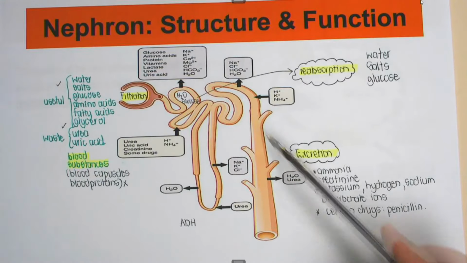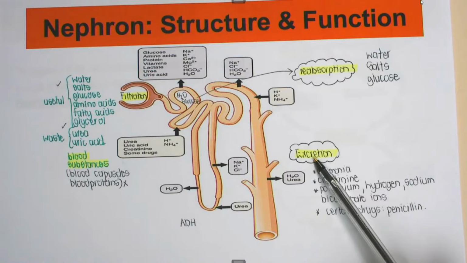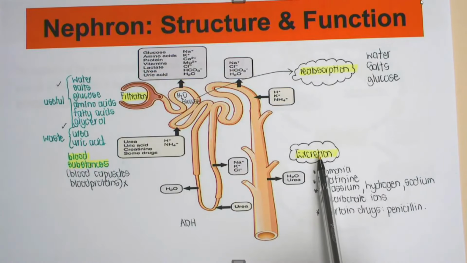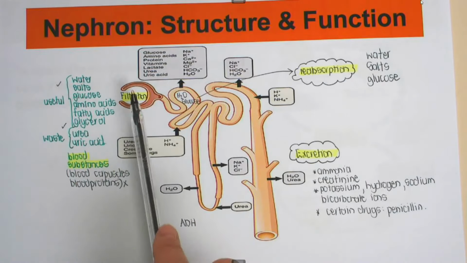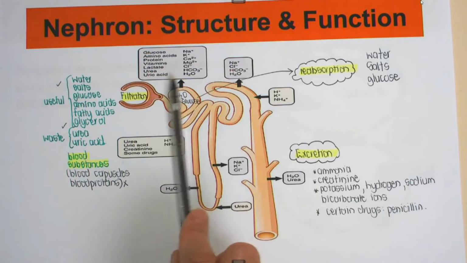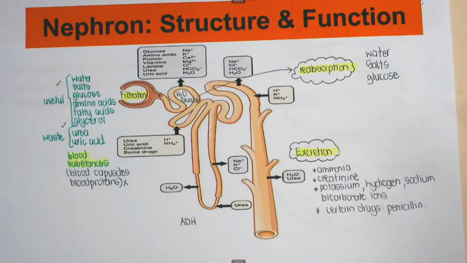Okay, this is the collecting tube. This is where excretion is taking place. There are the three main functions of the nephron, the functional unit of the kidney. Filtration is taking place there. Reabsorption is taking place in this whole area, and that section is excretion. What is excreted?